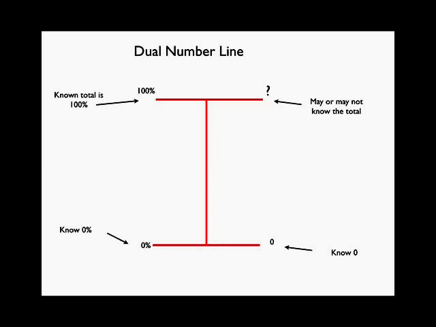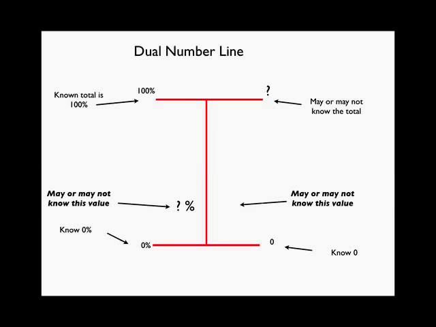On the right hand side, top, we may or may not know the total. But down the bottom, we definitely know that this is 0. In between, we may or may not know this value as a percent, or we may or may not know this value.